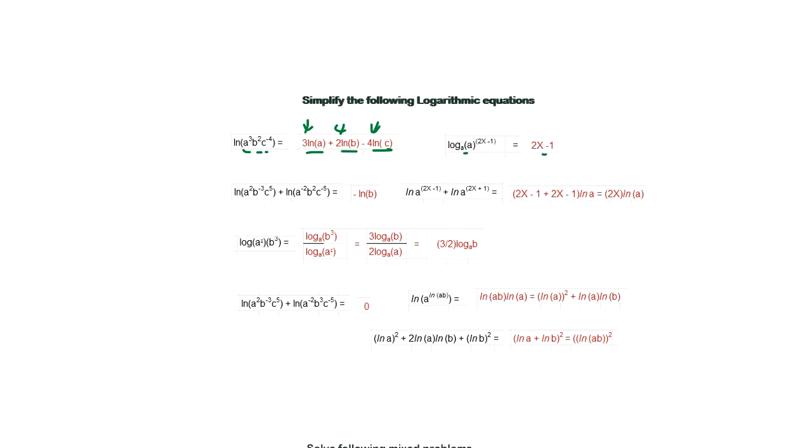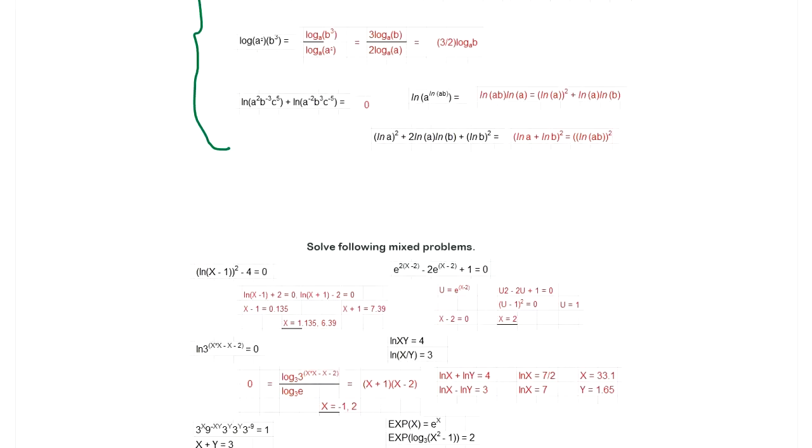And this A, log A is 1, so you separate this and the remaining become 1. Why don't you practice this on paper and pencil? You can stop the video, go through this.